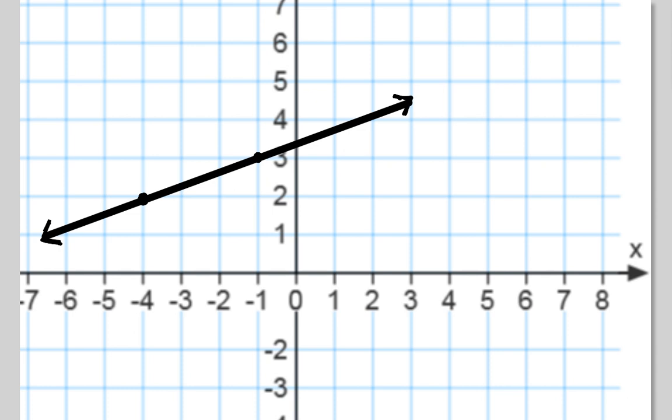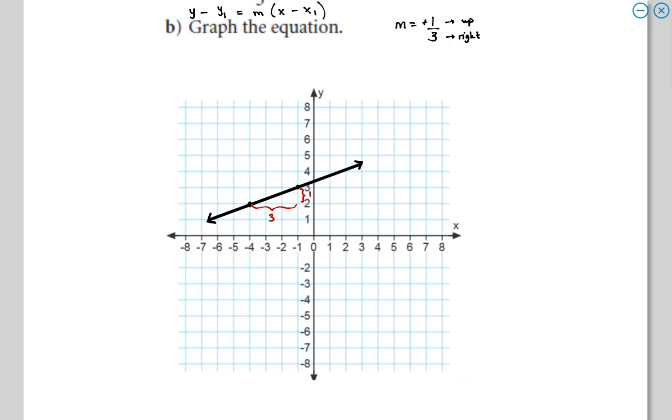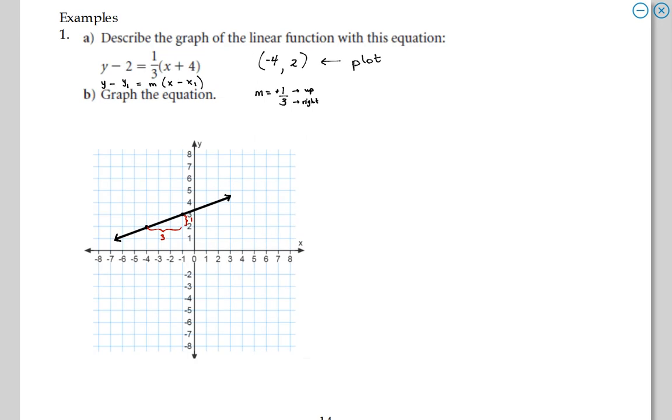In science class, you can typically omit those arrows. Okay, and if you want, you can put the rise and the run there to help you. You feeling okay about this?